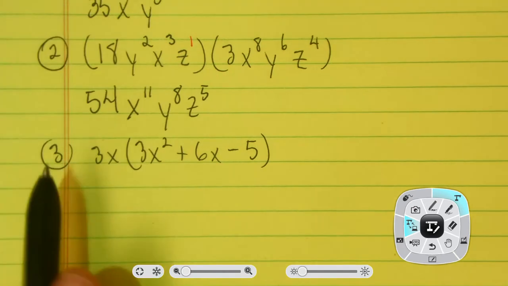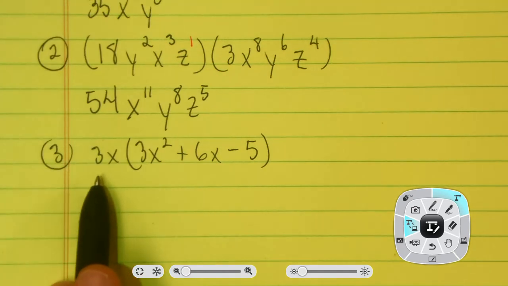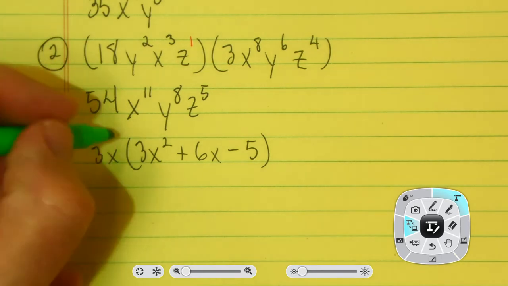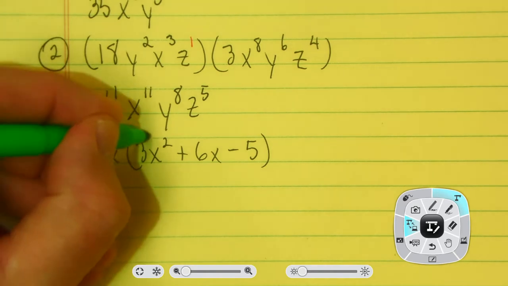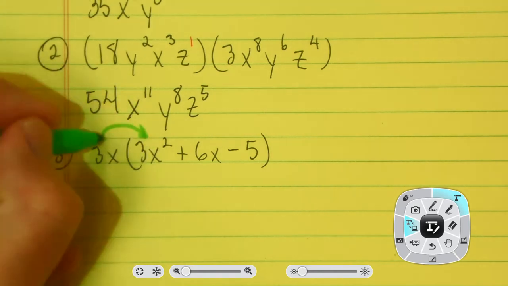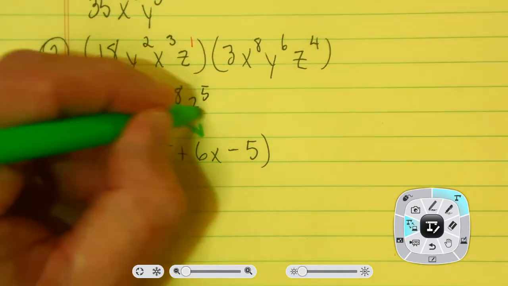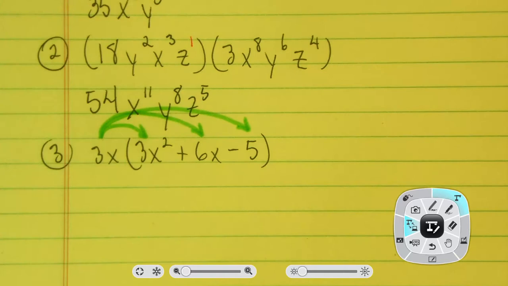What I'm doing is I'm multiplying a monomial times a trinomial because there's 3 terms here. Remember, unless these terms are alike, I cannot add or subtract them or simplify them anymore. But I can multiply them, and I'll multiply them using the distributive property. In other words, I'm going to multiply 3x times 3x squared, 3x times 6x, and 3x times negative 5.